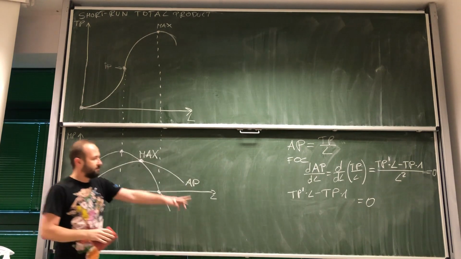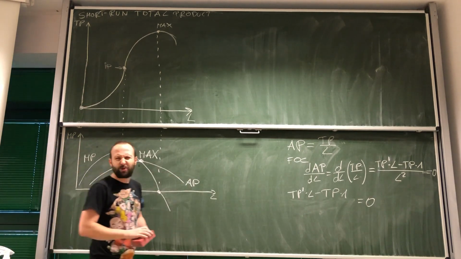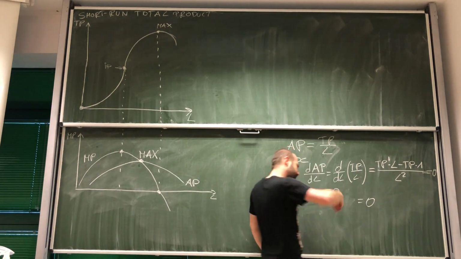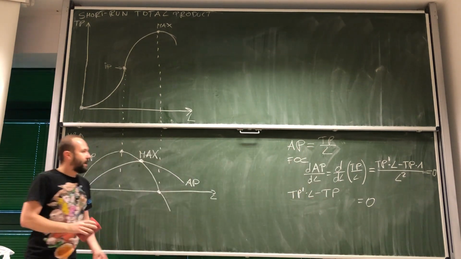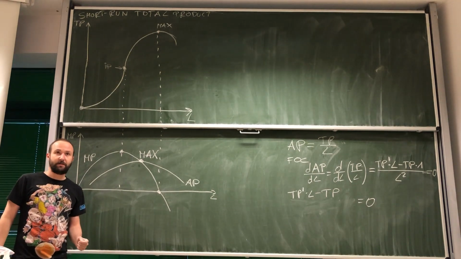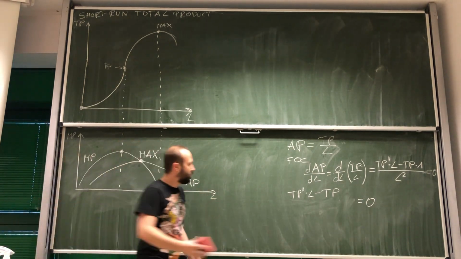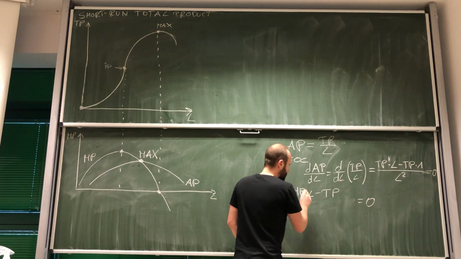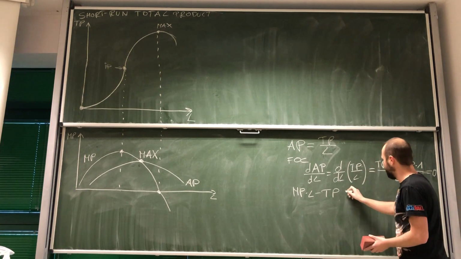Now, this 1 next to total product is also not doing anything here, so let's get rid of this. And now, how will I call the first derivative of total product? Well, this is nothing more but marginal product. Okay, so look, we've got a way simpler equation.